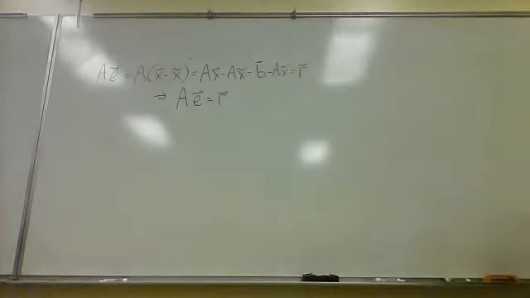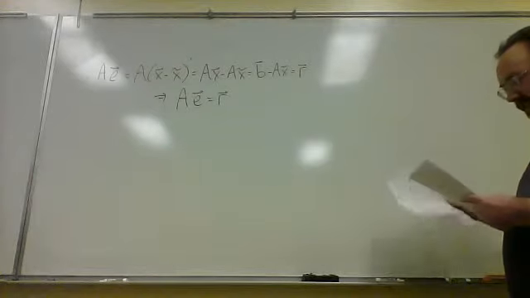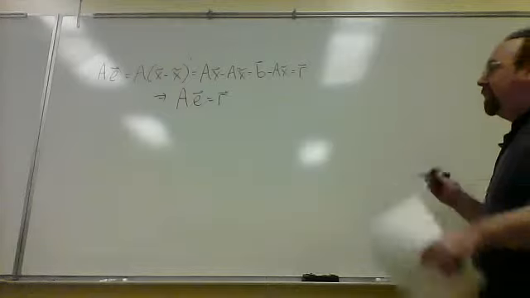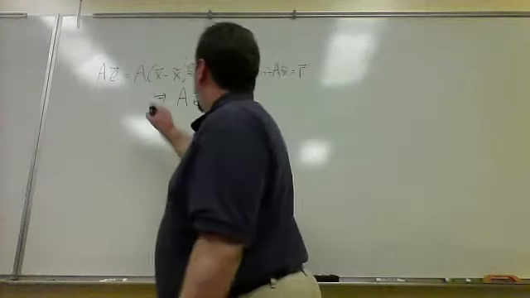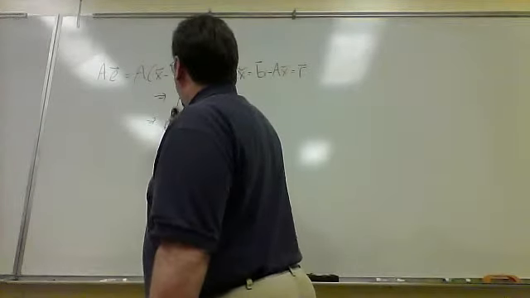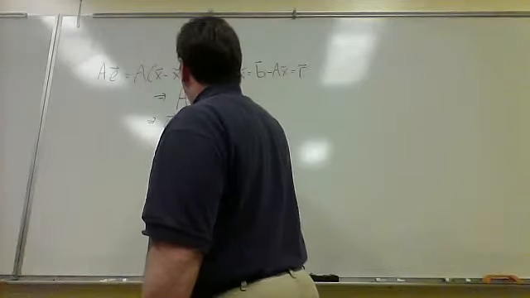So we do have a simple relationship between the error and the residual, but now we want to figure out the relationship between the size of the error and the size of the residual. So now I'll rearrange this by moving A to the other side.